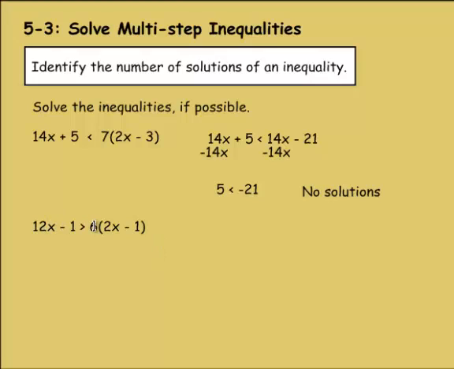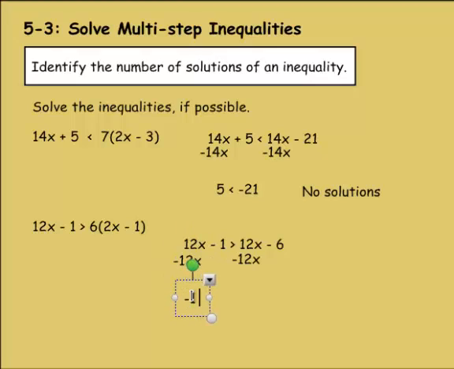Let's see if this one does anything different. We have 12x minus 1 is greater than 6 times 2x, which is 12x, minus 6 times 1, which is 6. So same thing with the 12x's. I subtract the 12x's from both sides, and that gives me 0x, which is just nothing.